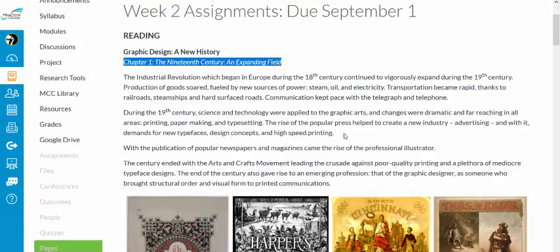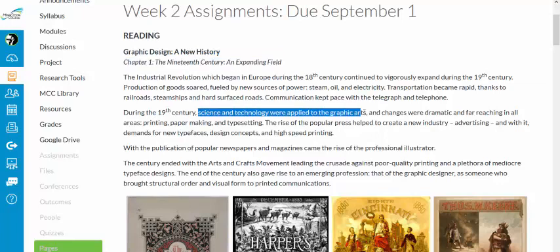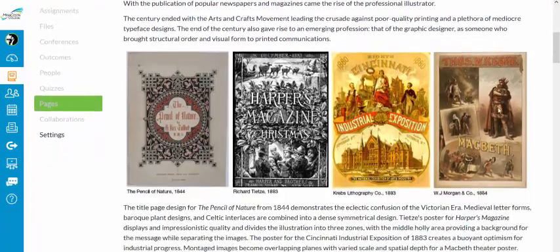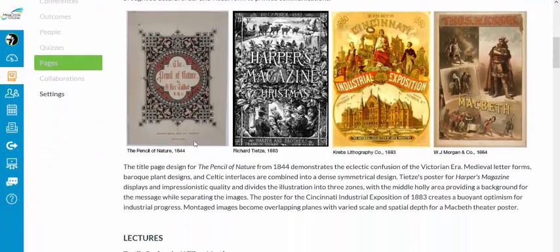And most importantly, the rise of these new products and services created a new industry, advertising. And people soon learned that you could combine words and images in a way which could more effectively advertise products, services, and events. And so that's really when the rise of what we know as graphic design came about.